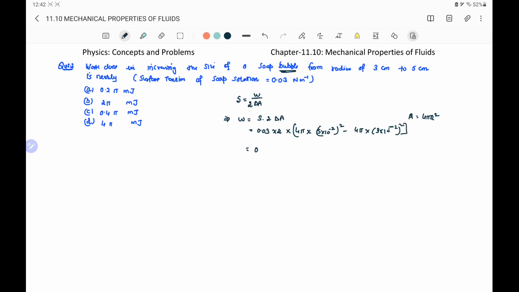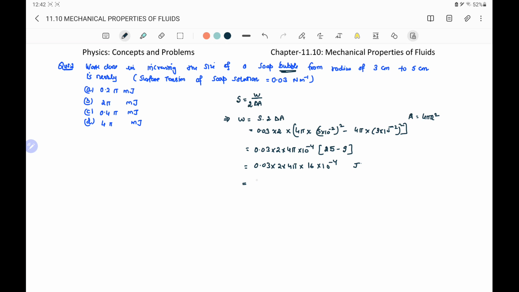On simplifying, we will have 0.03 into 2 into 4 pi into 10 raised to power minus 4, and remaining is 5 square, that is 25, and 3 square, that is 9, or it will be 0.03 into 2 into 4 pi into 25 minus 9, that is 16, into 10 to the power minus 4, and it will be in joule. We need the answer in millijoule, so we will simplify it.